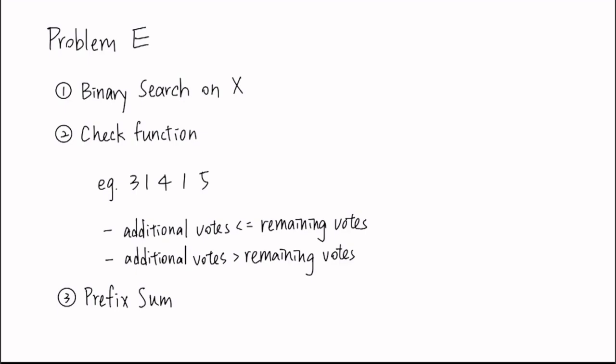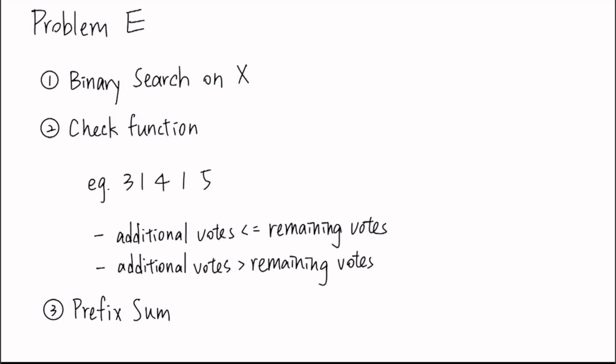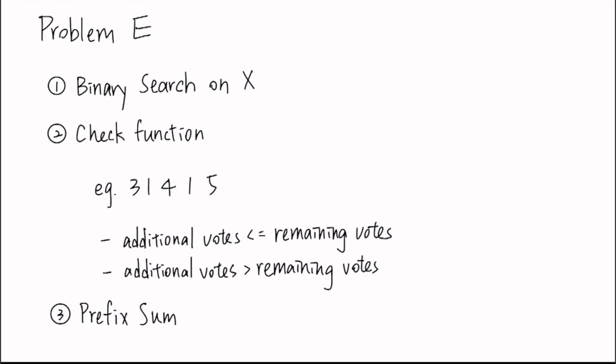So we can do binary search, and for the check function, we would need to check whether a specific value of increase for a candidate would work. For example, let's look at candidate 1 in this case.